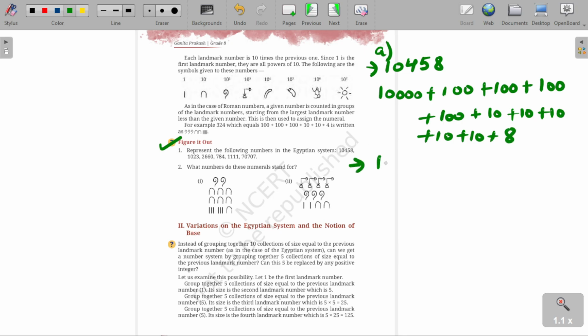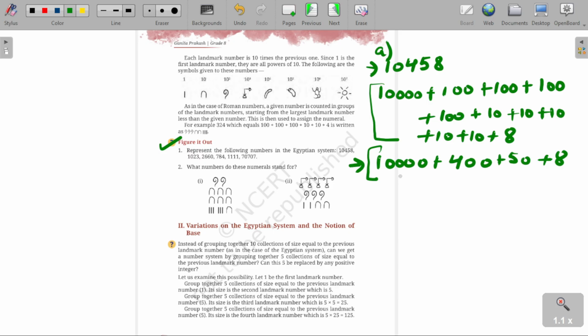If you want to compact this elaboration, you can write it as 10,000 plus 400 plus 50 plus 8. Okay? This is for symbols. You can easily make the symbols from here. This is the expansion. You can easily write the expansion like this.